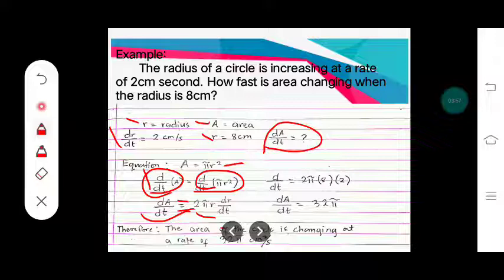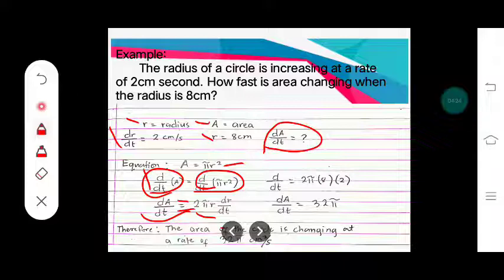Since the variable we use is r, we have to put the dr over dt here. Whatever variable you use, that is the one you put beside the d in the numerator. That is how you apply implicit differentiation.